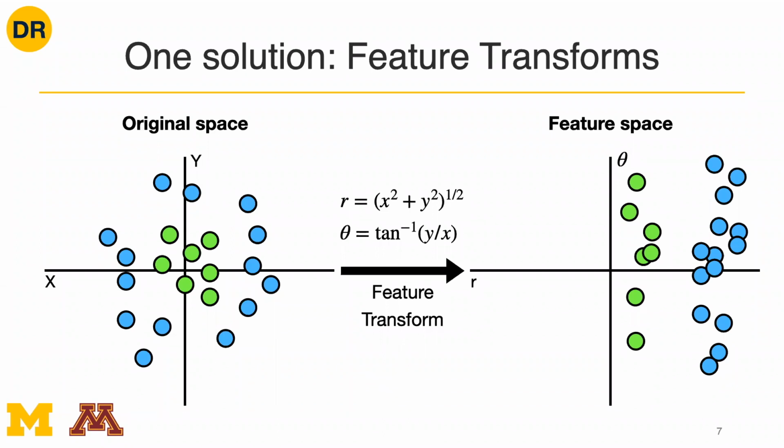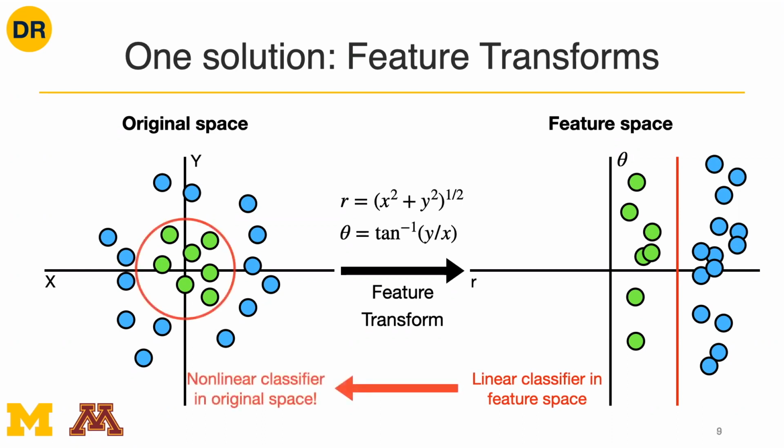If you know about the problem and can come up with feature transforms, you might be able to find a good feature space where you can do linear classification. If you look at the same thing back in the original space, it's going to look like a nonlinear classifier. But you're applying a linear classifier in a transformed feature space.